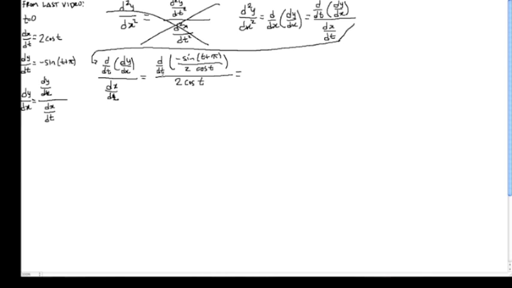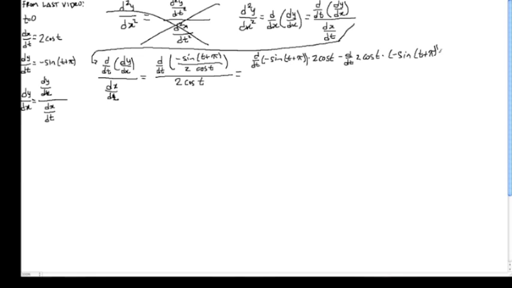The quotient rule says that in order to take the derivative of this, we have to take the derivative of the top times the bottom, 2 cos t, and then we're going to subtract the derivative of the bottom, d dt of 2 cos t, times the top, which is negative sine t plus pi.